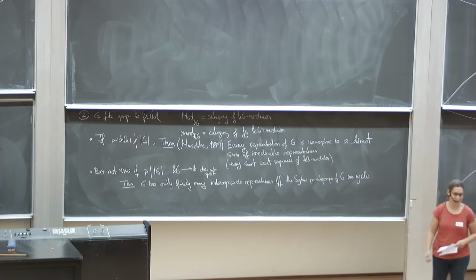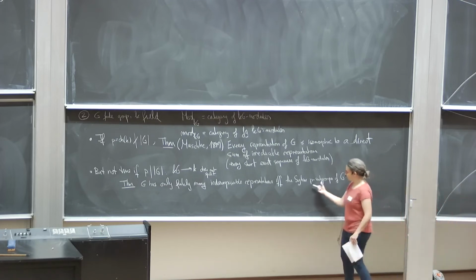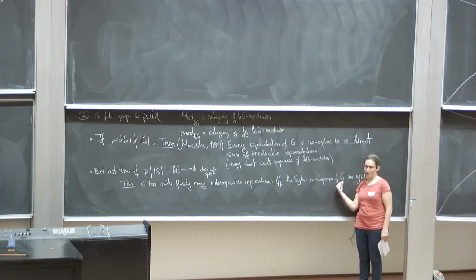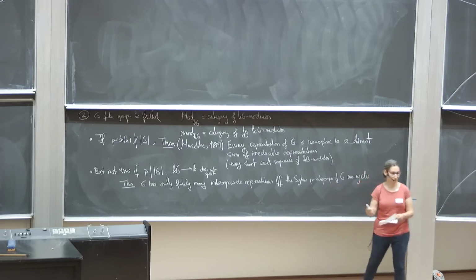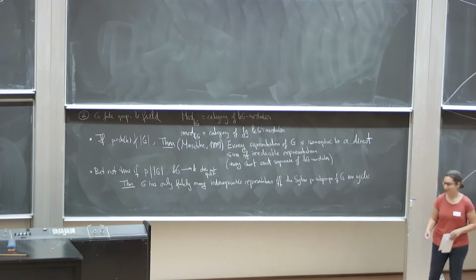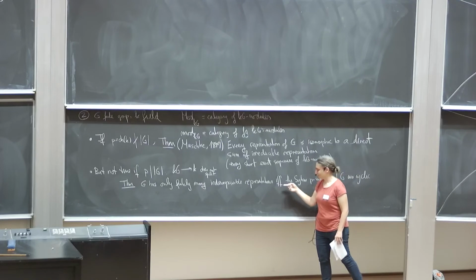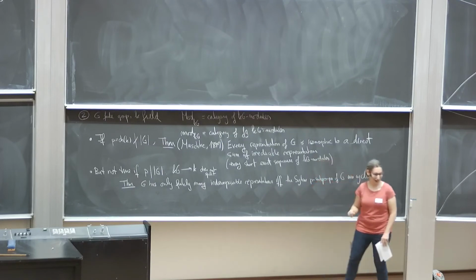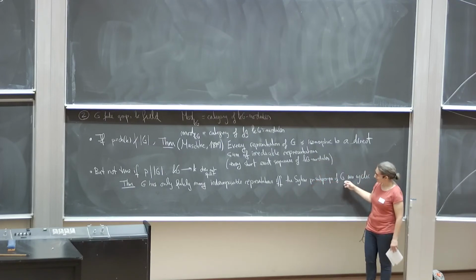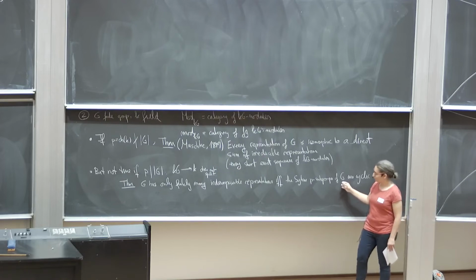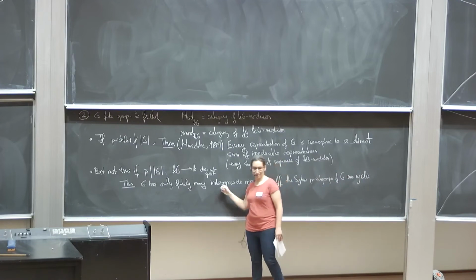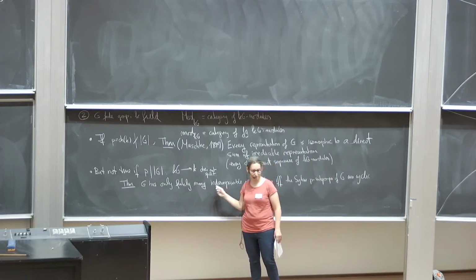That means that the Sylow p-subgroup is the maximal p-subgroup of G, and p-subgroup means that the order is a power of p. Right? And so this is an if and only if statement, so that makes you lose hope when you see this statement. If the Sylow subgroups are not cyclic, then you will not have finitely many indecomposable representations to start with.